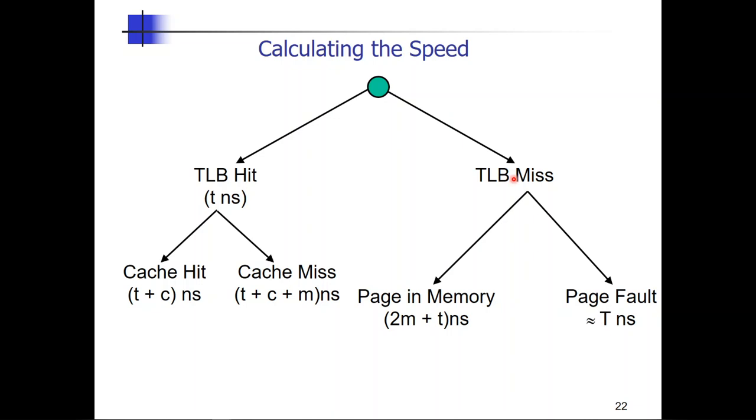And if we even miss in memory, then we have a huge page fault access time that's going to dominate all the other times. That's going to be over here. So that's sort of a tree diagram, and with the percentages that are given, the fraction of the time that we go through these paths, that can be used to calculate the average access times.